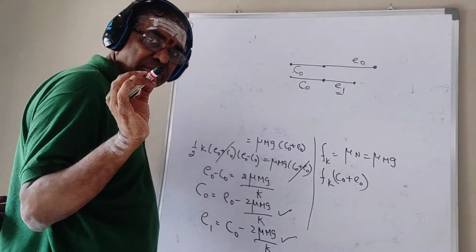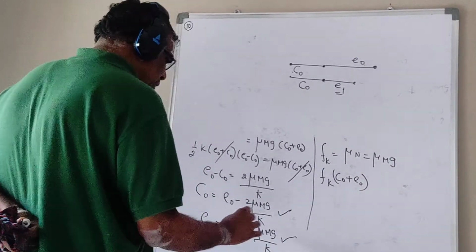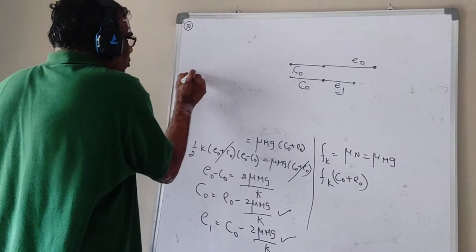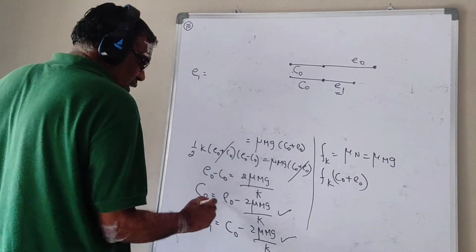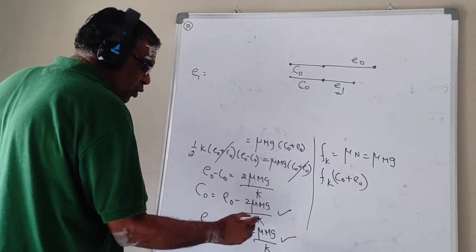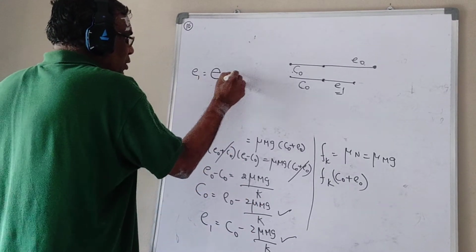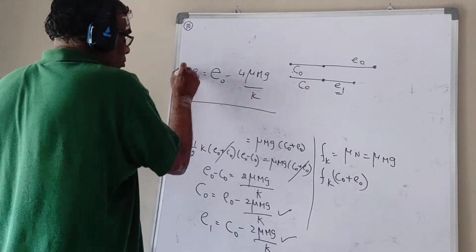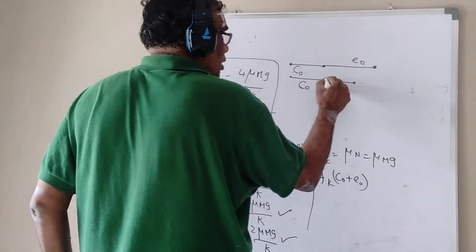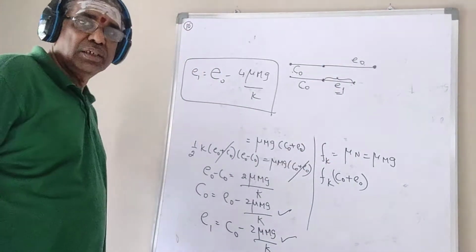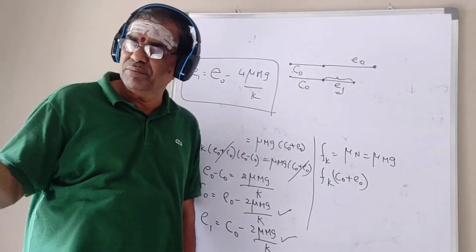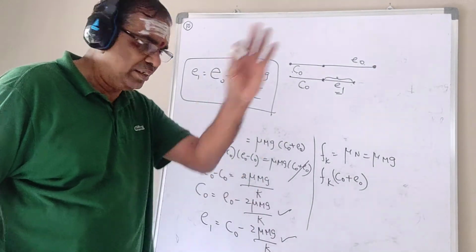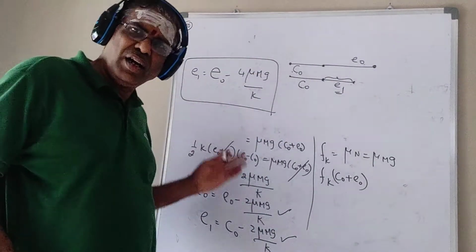So E1 is C0 minus 2 mu mg by K. That means it has completed one cycle, and in one cycle it has come to this point.